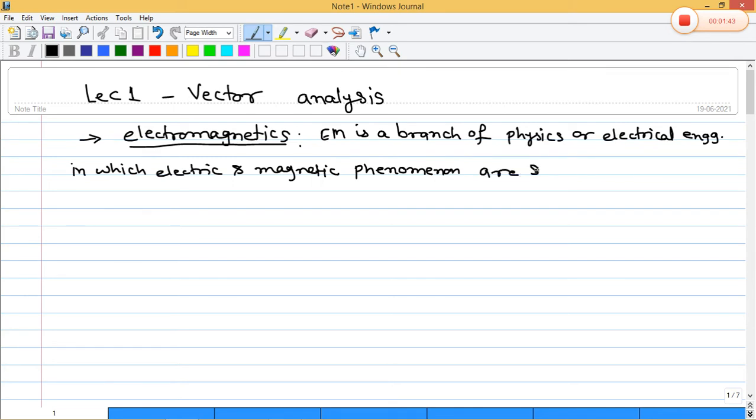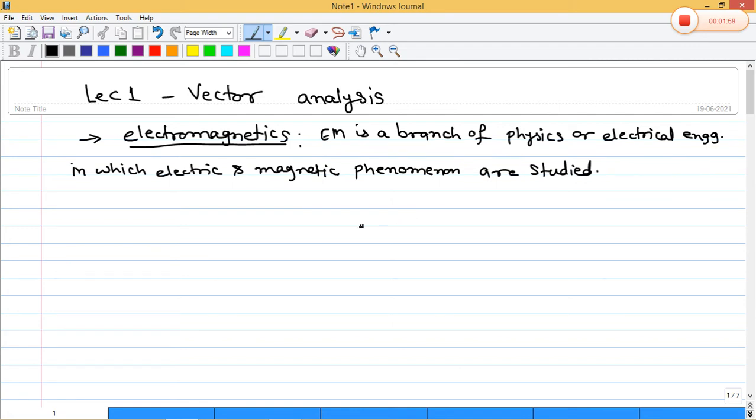The branch of physics or electrical engineering in which electrical and magnetic phenomena are studied is called electromagnetics.